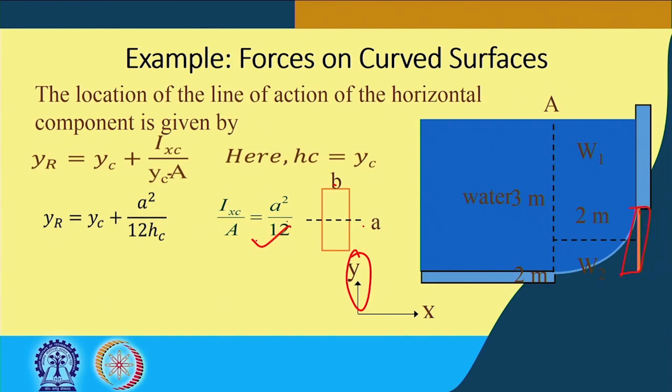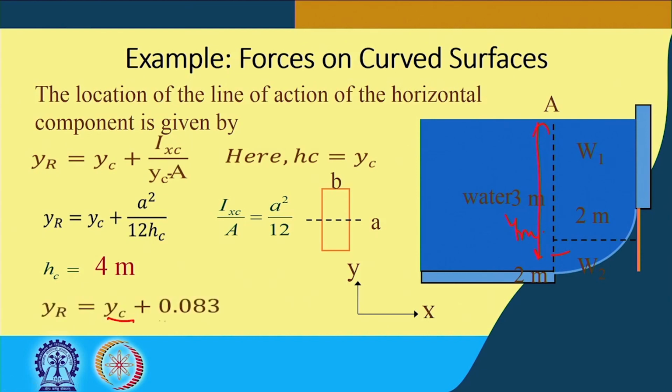As I have already indicated before, HC is going to be, in this case, 3 meter plus 1 meter, so that is 4 meter. So YR is YC plus 0.083 using this calculation.